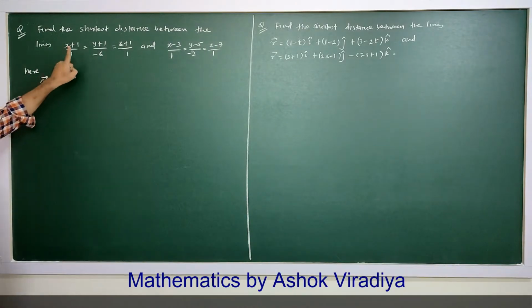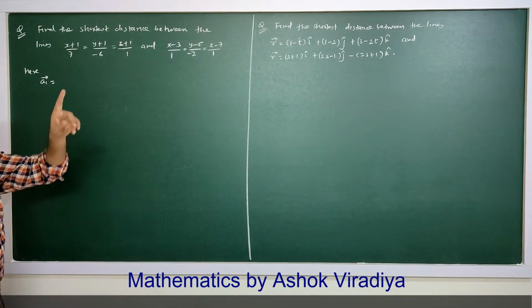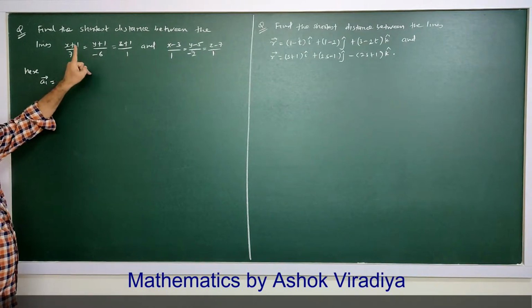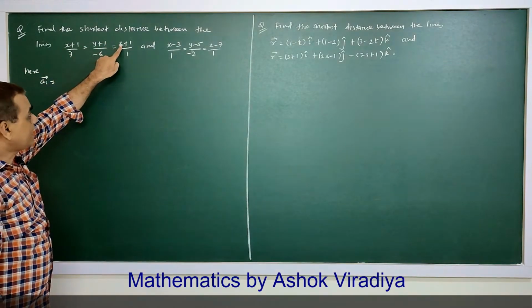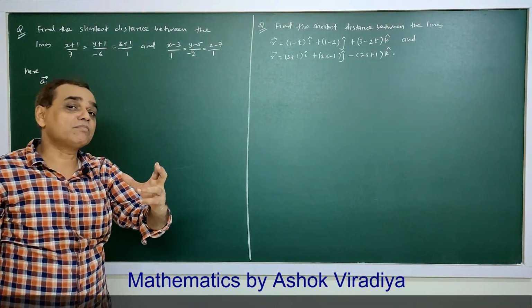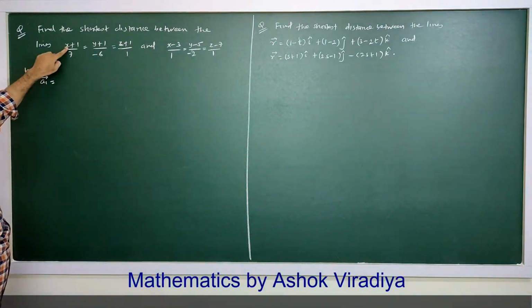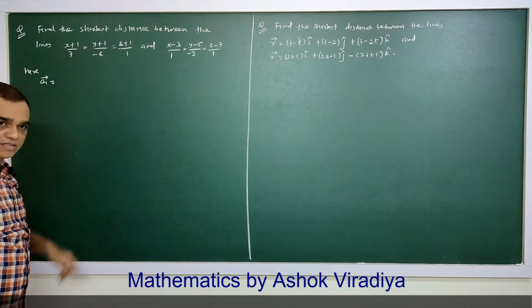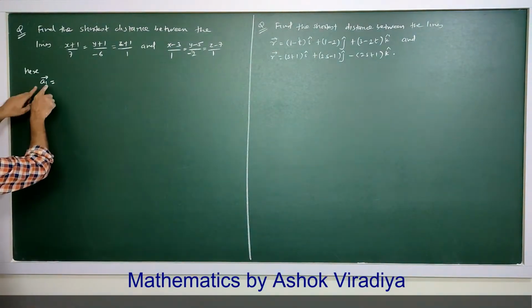Before taking vectors a1, a2, b1, b2, always check that the coefficients of x, y and z in symmetric form must be 1, 1, 1. Here it is 1x, 1y, 1z. So allowed.